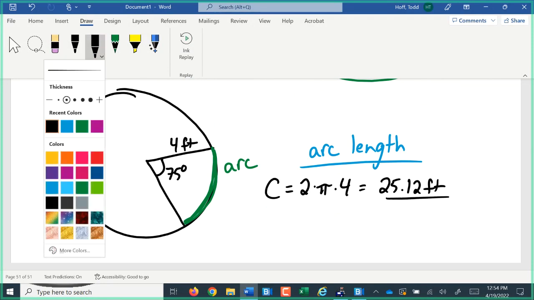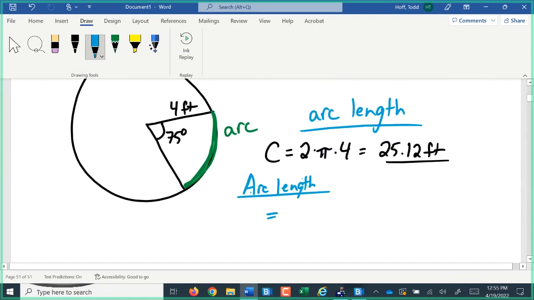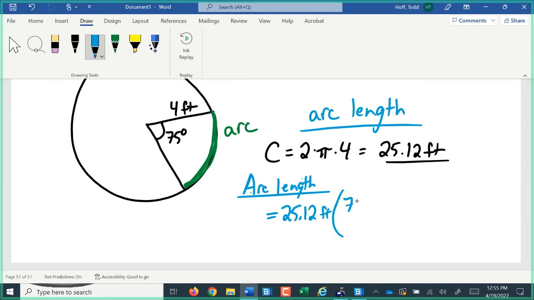Well, how do you think I'm going to use that to find the arc length? 75/360ths of 25.12.